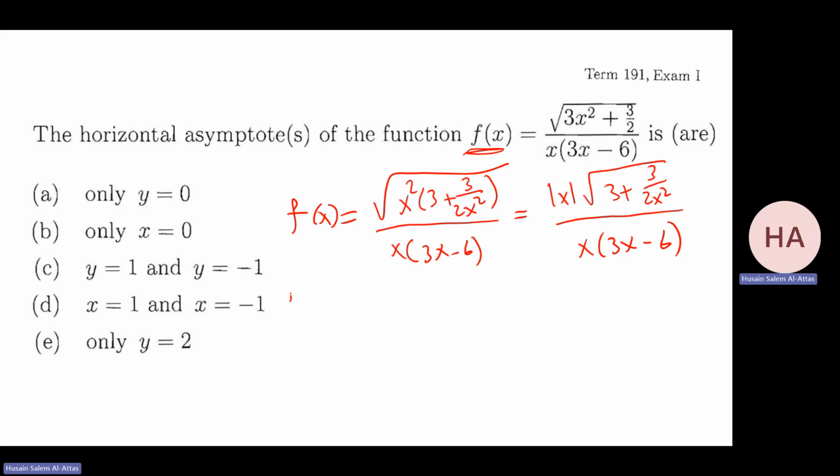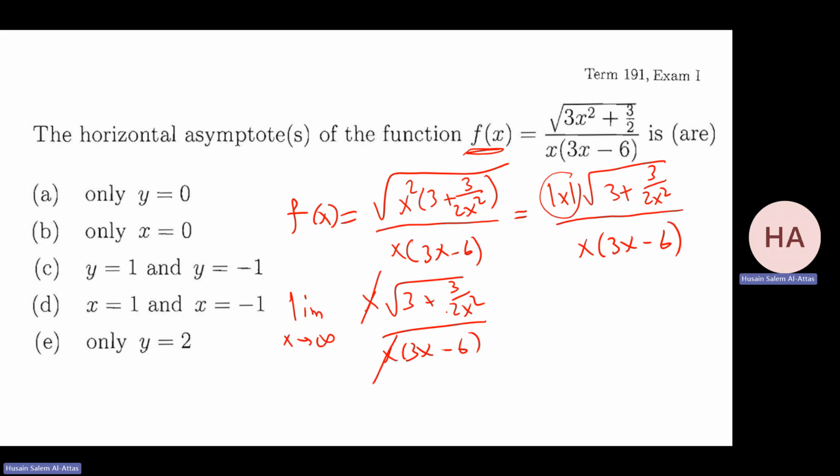You notice now, as this goes to infinity, this one will be x over x. So this is cancelled. I'm getting what? Here we have the square root of 3, and here we have what? 3 times infinity minus 6 infinity. So I have a value over infinity, so this will be 0.